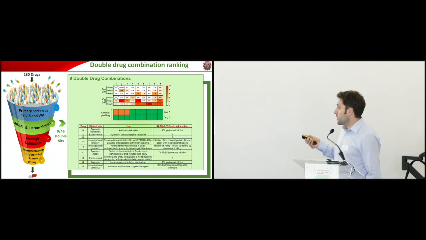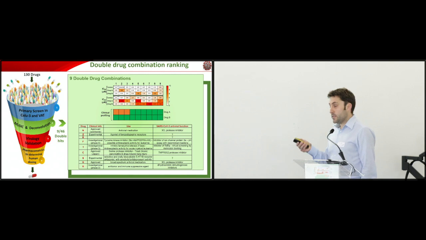Amongst those combinations, some of the drugs involved are already known to have activity against SARS-CoV-2. They were protease inhibitors of the 3CL or TMPRSS2. Some of the drugs had a suspected mode of action against SARS-CoV-2. And for some of the drugs, there is no reported information as to how they would work against SARS-CoV-2.